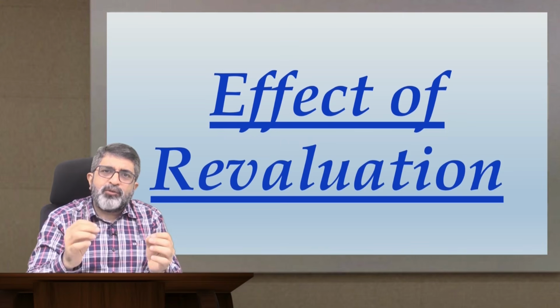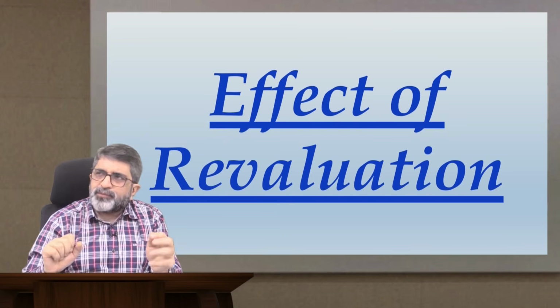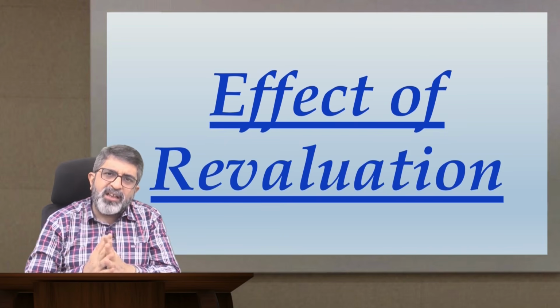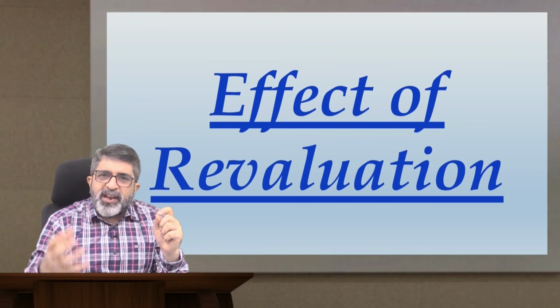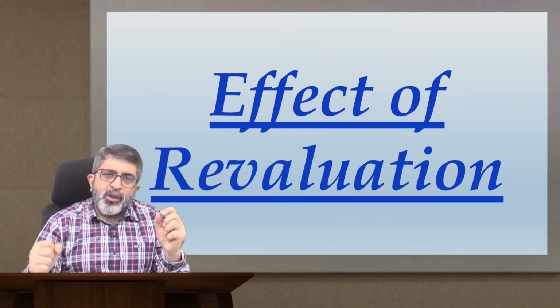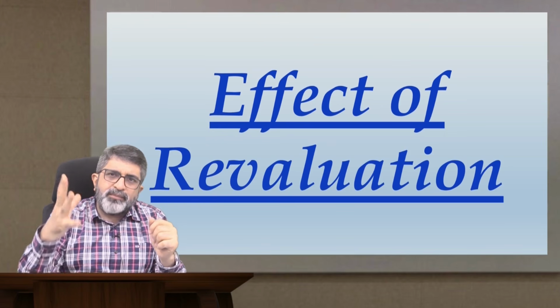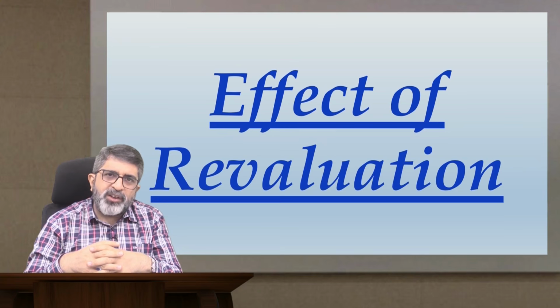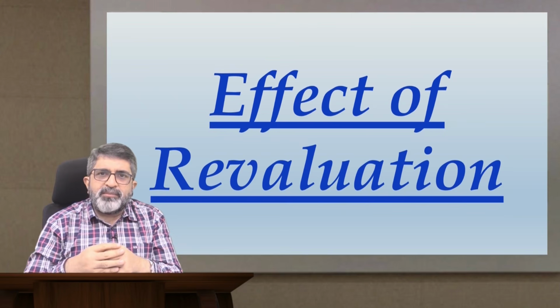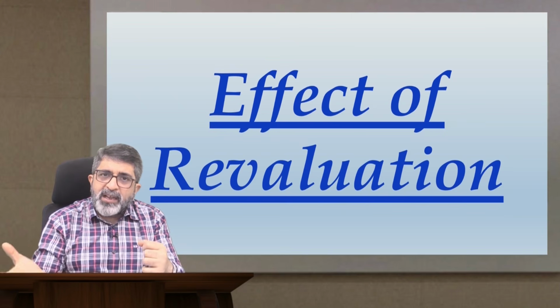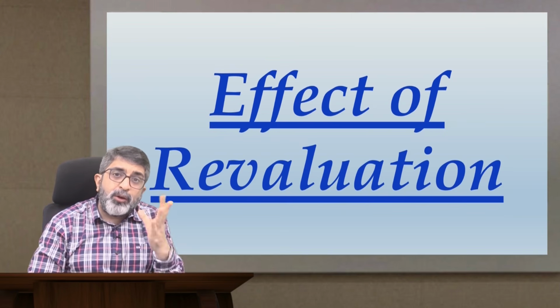Let me explain this to you through an example. For simplicity in understanding, I'll give you an example of a non-depreciable asset. Say it is a case of land. You bought a piece of land at, say, 40,000 US dollars. After a year, you find that the value of that land has risen to $50,000.